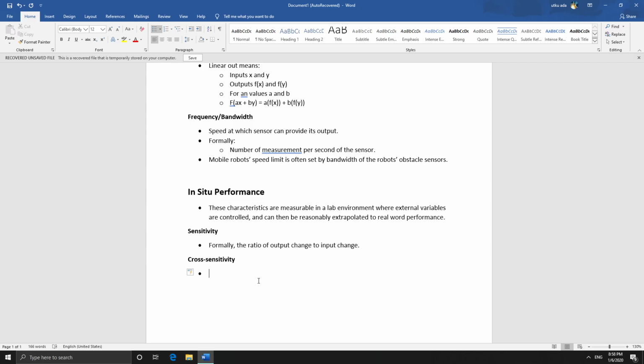So the technical term for this is effectively its sensitivity to environmental parameters that are orthogonal to the target parameters for the sensor.